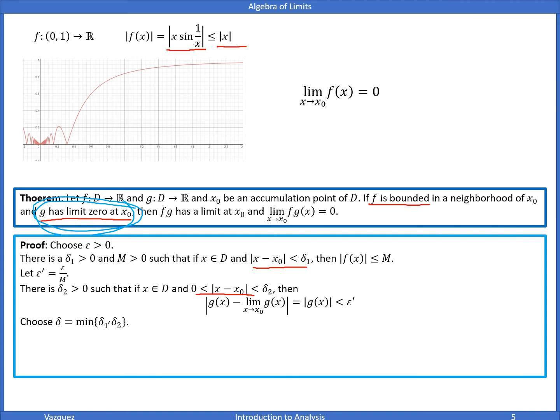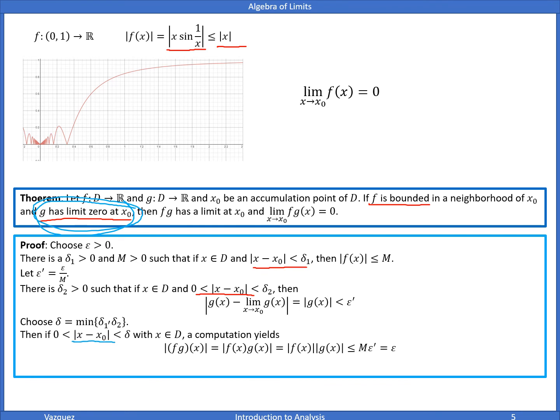Well, now, when I choose delta to be the minimum of delta 1 and delta 2, why? Well, so we can guarantee that if delta is greater than absolute value of x minus x naught, then our computation, the product, same thing as f of x times g of x, again, another property we already know, is equal to the absolute value of f of x times the absolute value of g of x.